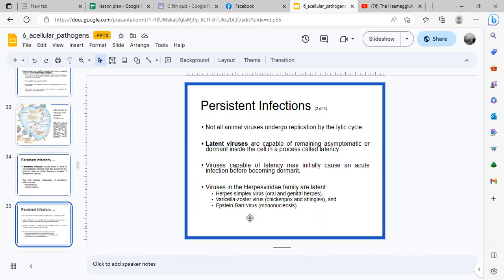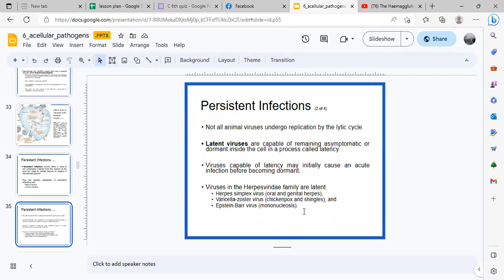You have also the Epstein-Barr virus, which cause mononucleosis. Studies have shown na 90% of adults have this.